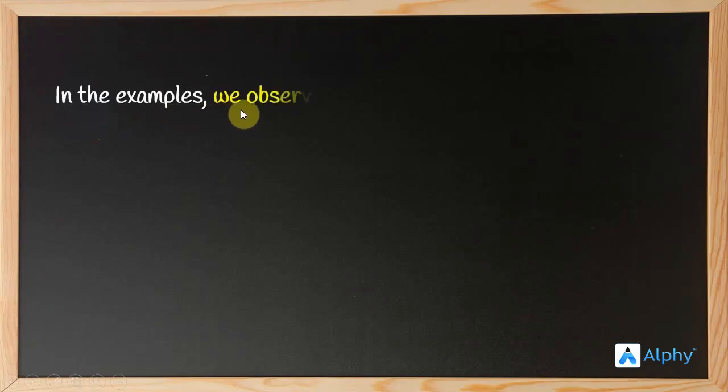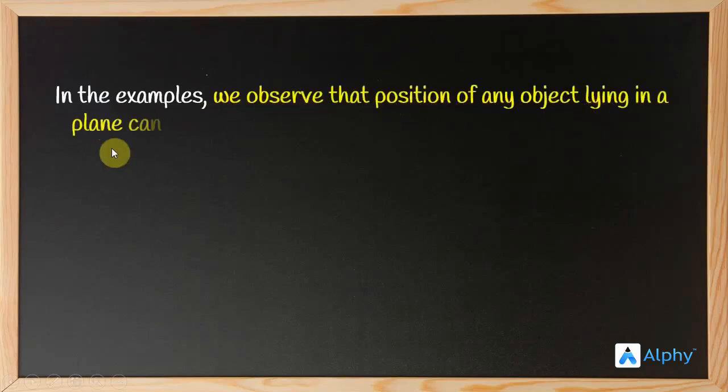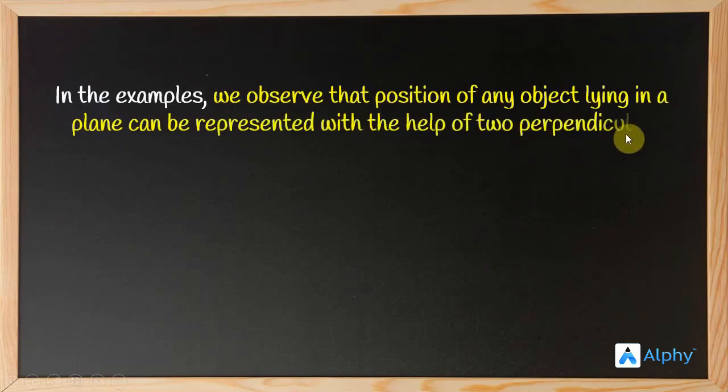In the examples, we observe that the position of any object lying in a plane can be represented with the help of two perpendicular lines. In case of the dot, we require the distance of the dot from the bottom line as well as from the left edge of the paper. In case of the seating plan, we require the number of the column and that of the row.